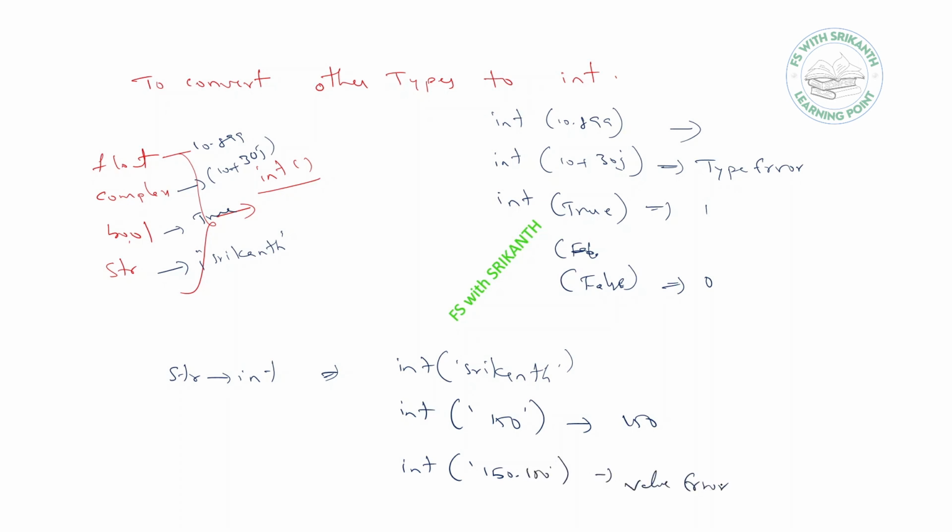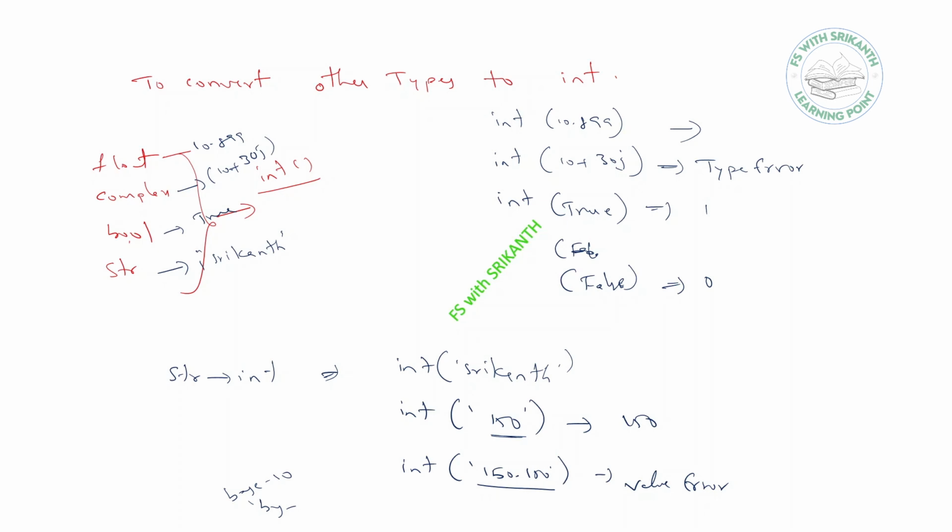So what you observe is that text is not possible to convert to int, only integer text. Float points also do not work, and only base 10 values can be converted to int.